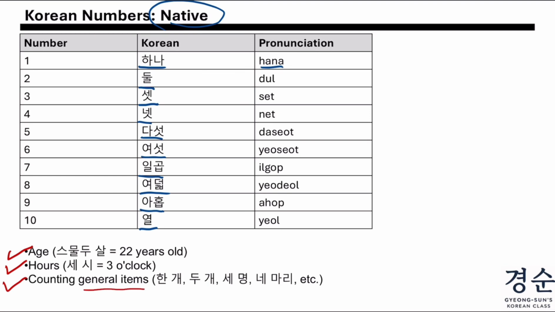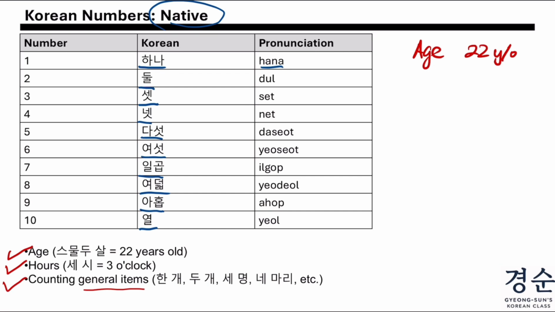Okay, so of course after 11 we have more numbers to say. Okay, so let's see some examples here. So age, right? For example, 22 years old.